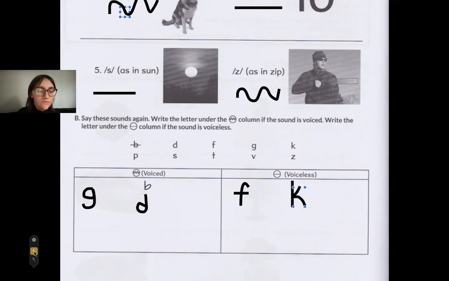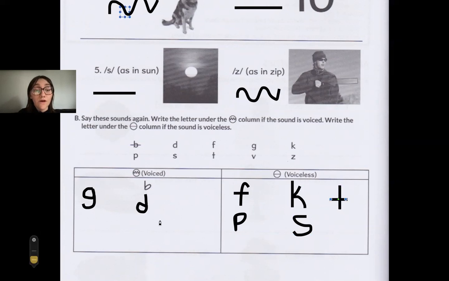Now let's do P. A lot of air coming out, but no vibration. Now let's do S, s, s, s. That one's voiceless, right? Let's put that in voiceless. T, t, t. Voiced or voiceless? That one is voiceless.